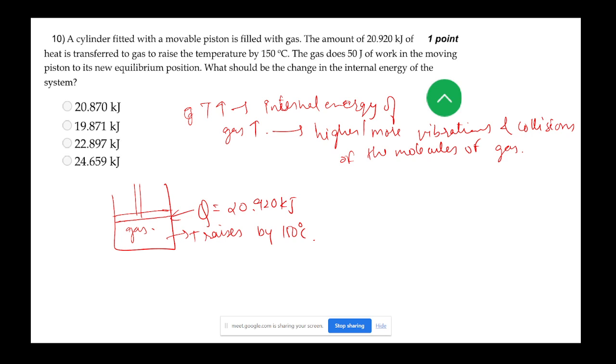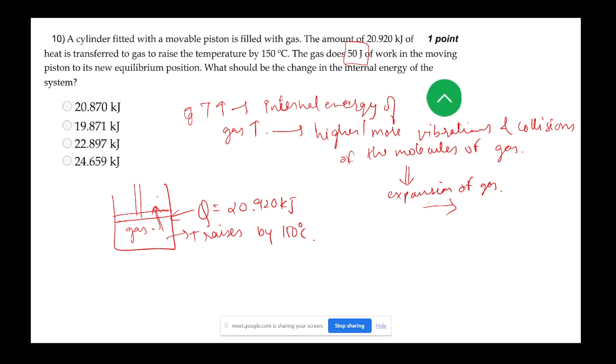This results in expansion of the gas, and it will try to move the piston upwards to attain equilibrium. A certain amount of work has been done by this gas to move the piston upwards, which is mentioned as 50 joules.